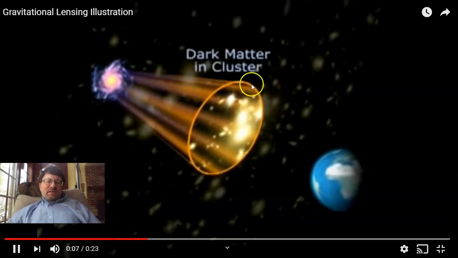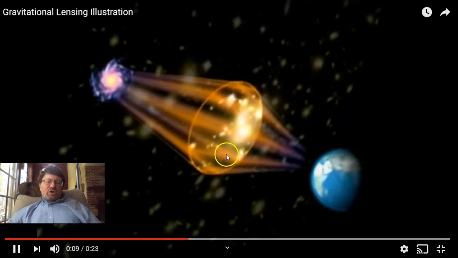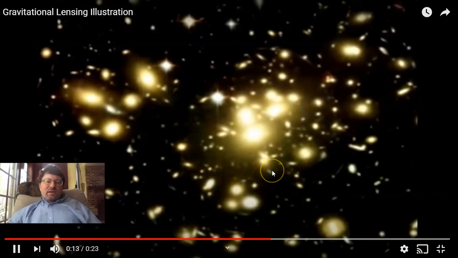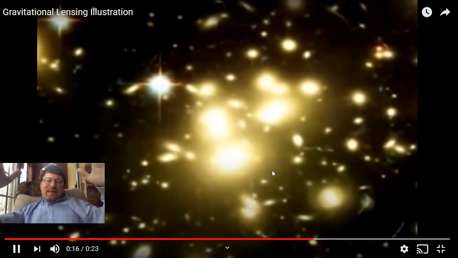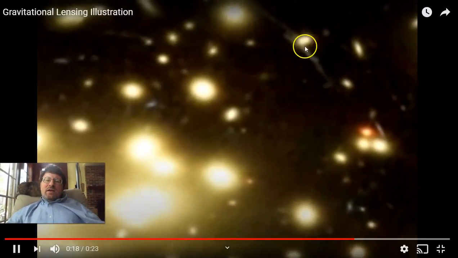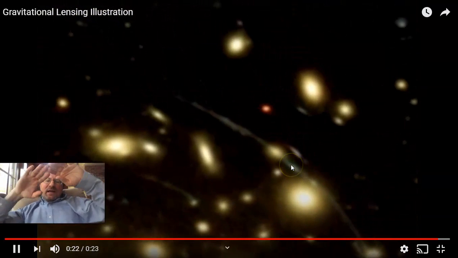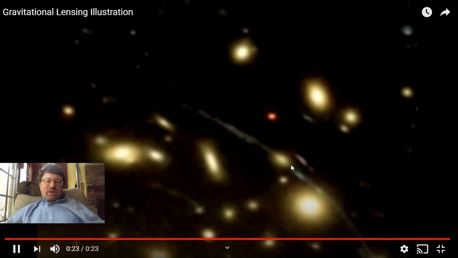If there is this dark matter in large concentrations and a cluster of galaxies between you and it, then that light will be lensed. And here you can actually see that faraway object as it's distorted and stretched out. You see it along those arcs that surround the cluster.